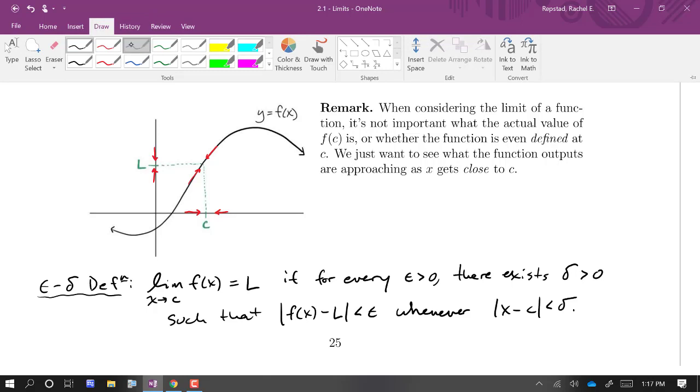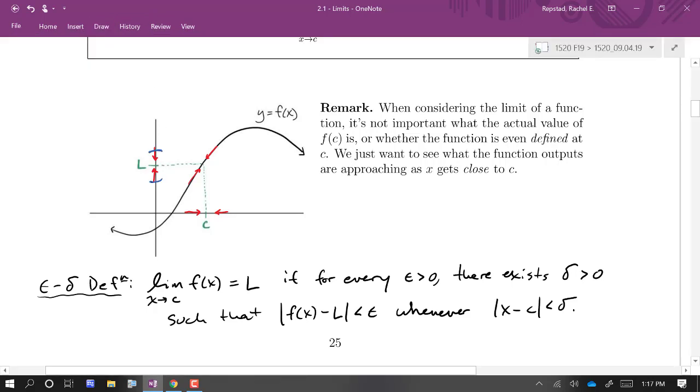Maybe here's my epsilon band. I could trace this over and find the window around these values. You give me an epsilon, so I draw this little epsilon band around L, and I can trace that over and say, there's my delta.